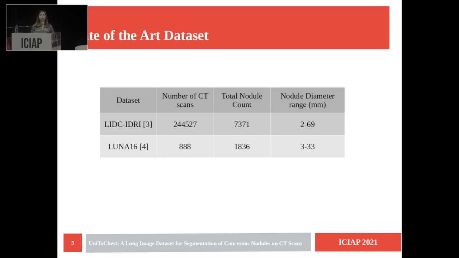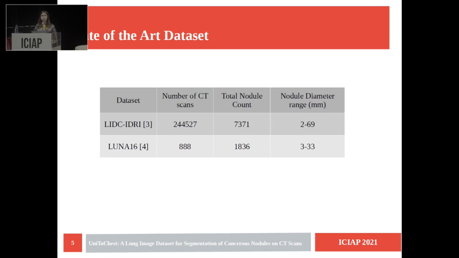When we talk about a good annotated dataset, we directly go to the state-of-the-art dataset for lung cancer detection that is available. It is LIDC, Lung Image Database Consortium, which has a number of lung CT scans and the annotated lung nodules present in them. These lung nodules have a diameter ranging from 2 millimeters going up to 69 millimeters.